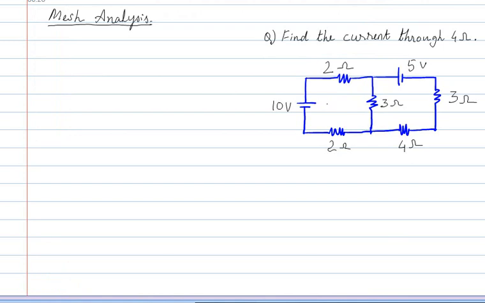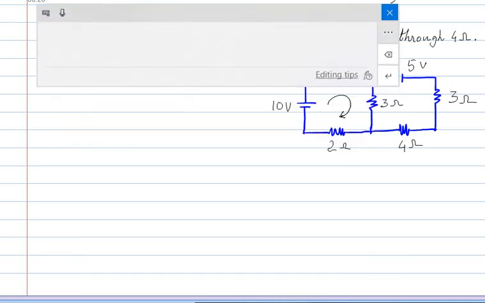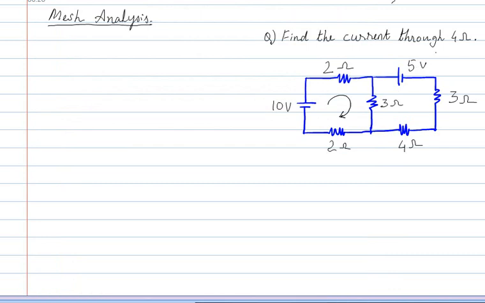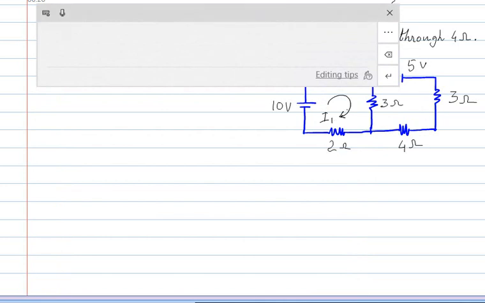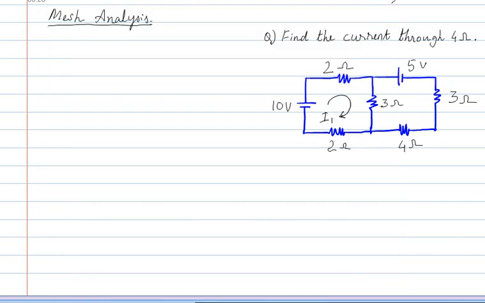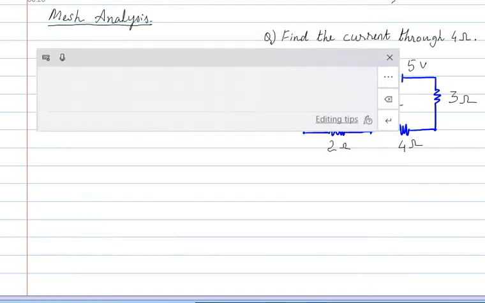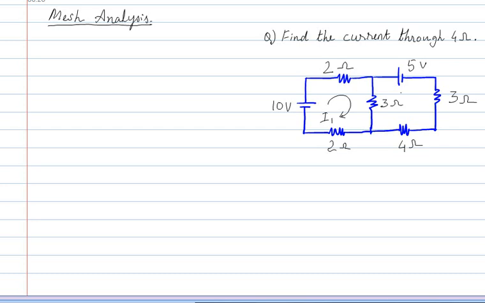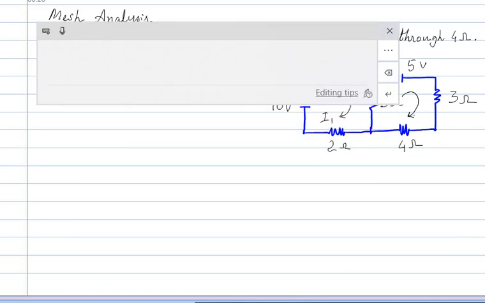Now in mesh analysis, first we write a current for each of the meshes. This is the first mesh, for which we are writing the first current, which is I1. Next, for the next mesh, we write a current I2.